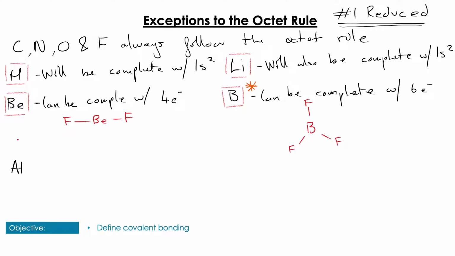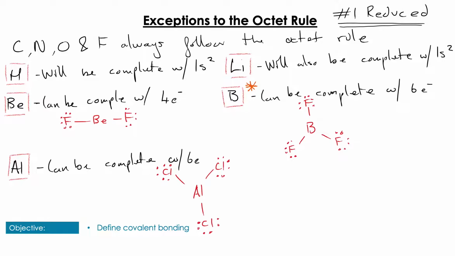Aluminium, in the same group obviously as boron, can also form these reduced 6 electron outer shells. Now, AlCl3 is an example of this, although it would actually exist in the dimer form, not as I'm drawing it here, just to illustrate that there would be 3 bonds to that central aluminium.